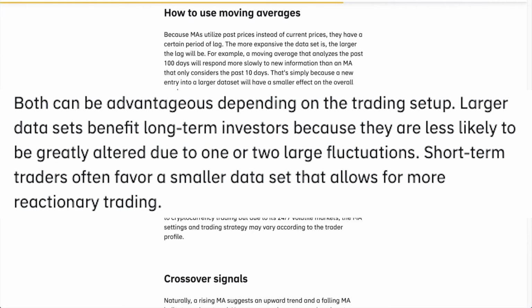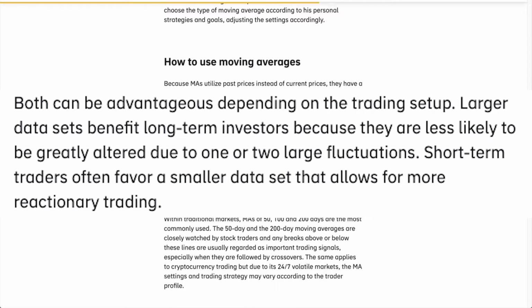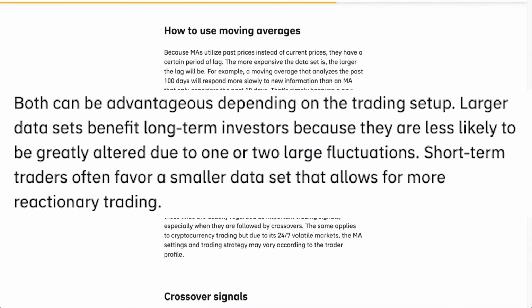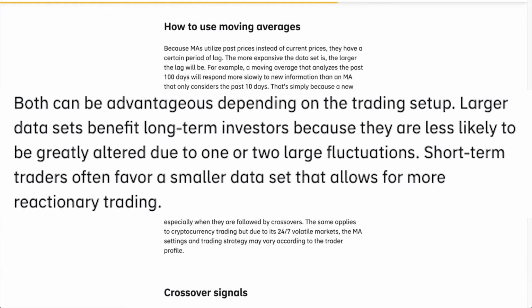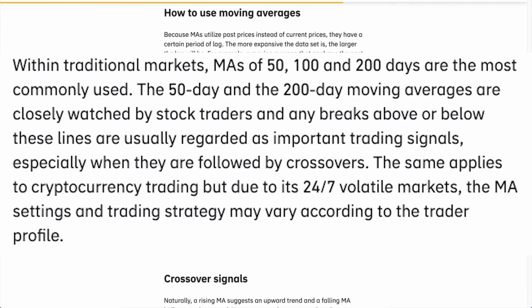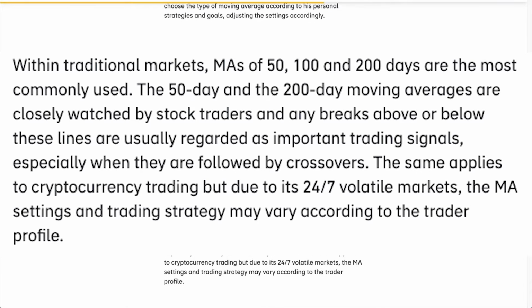Both can be advantageous depending on the trading setup. Larger data sets benefit long-term investors because they are less likely to be greatly altered due to one or two large fluctuations. Short-term traders often favor a smaller data set that allows for more reactionary trading. Now, within traditional markets, moving averages of 50, 100, and 200 days are the most commonly used.